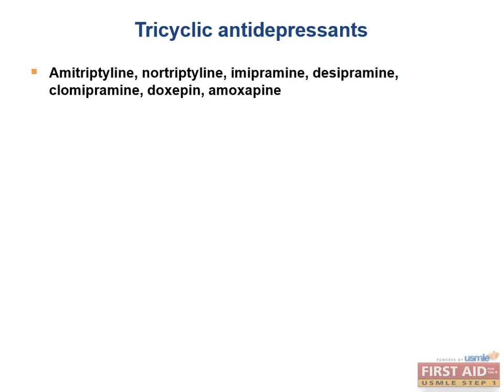Now let's focus on some of the tricyclic antidepressants. While these aren't necessarily the first line, they're some of the oldest and best studied drugs in psychiatry. And because they're so old, and there's so many of them, they don't really follow a great naming convention. So you have to memorize them. The drugs that we're going to study include amitriptyline, nortriptyline, imipramine, desipramine, clomipramine, doxepin, and amoxapine.